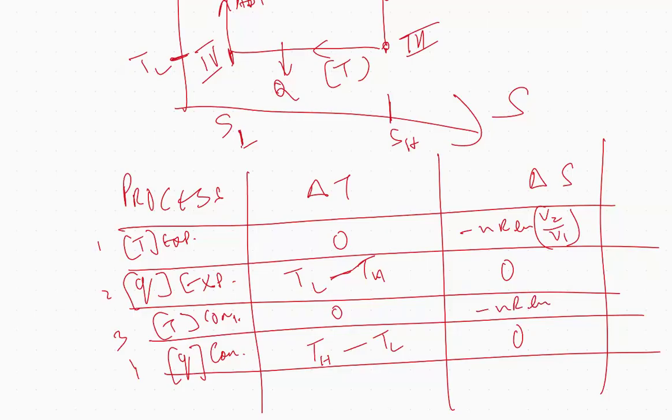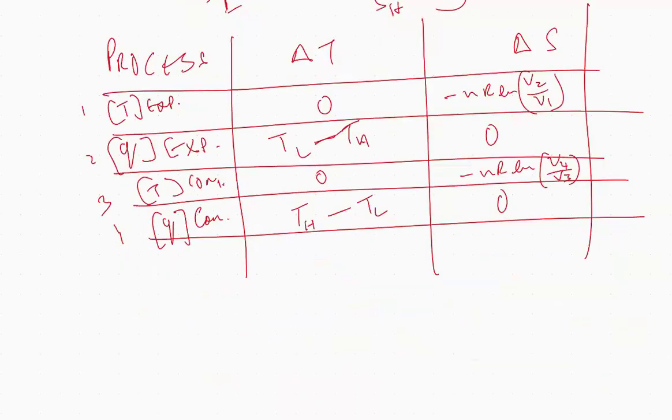Now, if I take the full cycle, all T and these are state functions, this becomes 0, that becomes 0, right? So remember that.